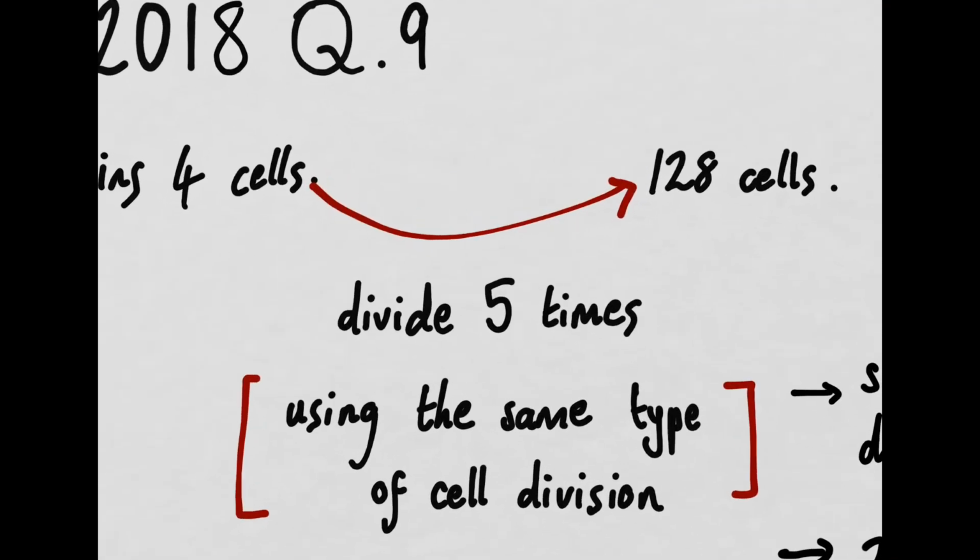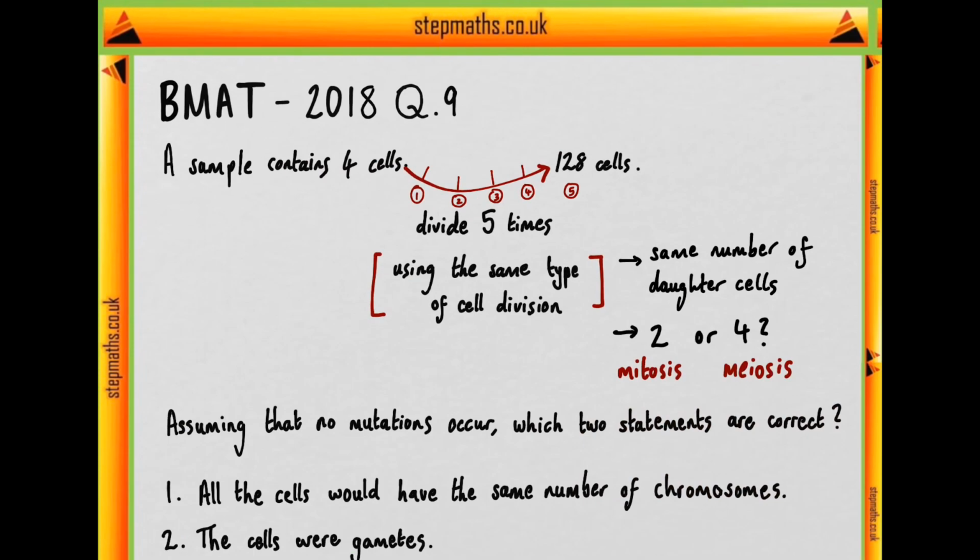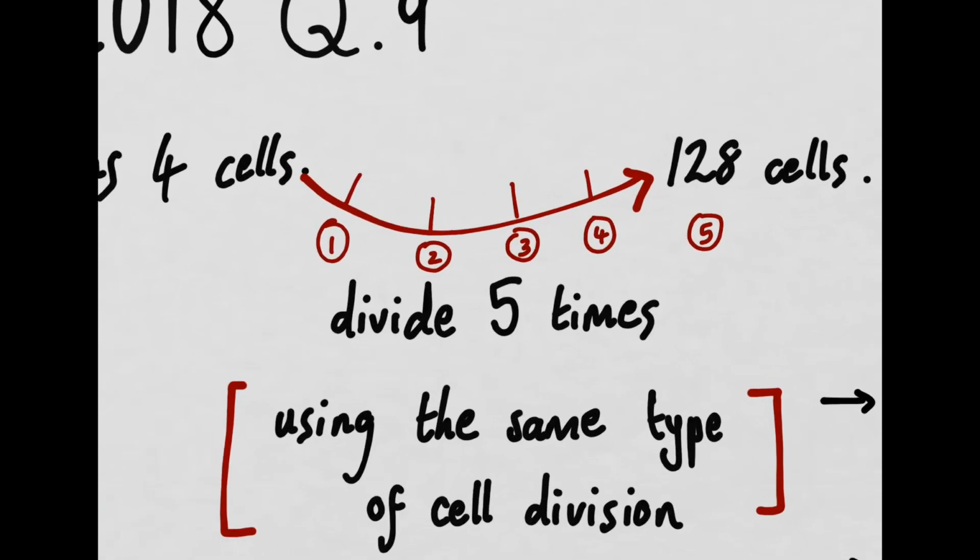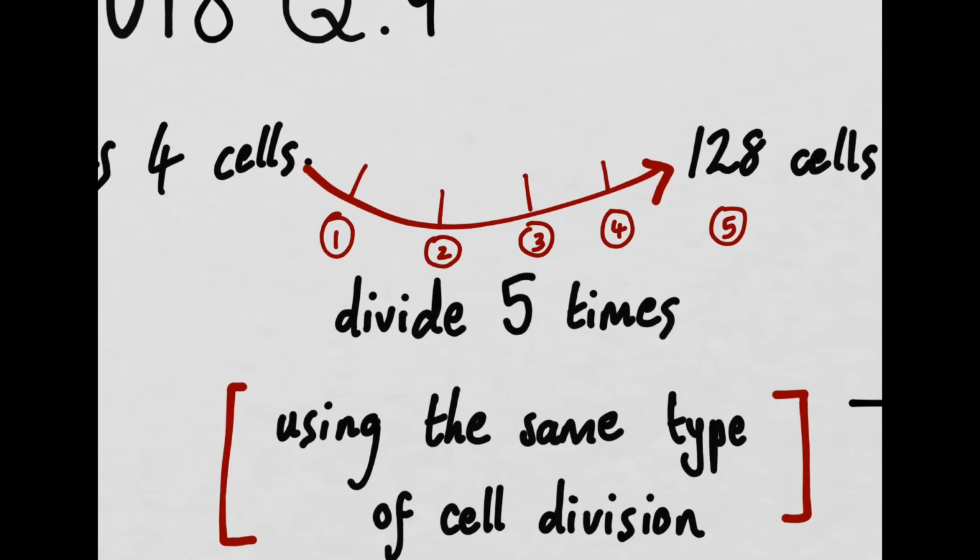Well, we can experiment. So we can say there must have been a total of 5 divisions ending up with 128 cells. Let's start with assuming that we are going with mitosis, so that's 2 daughter cells each time. So 4 going through that process would end up with 8 cells because there would be 2 daughter cells each.